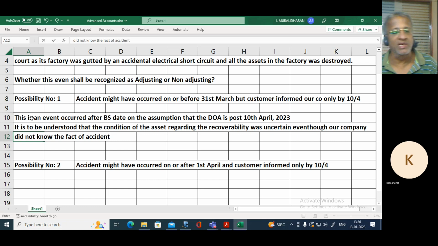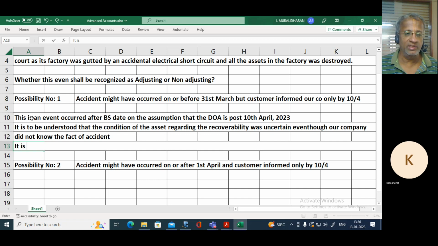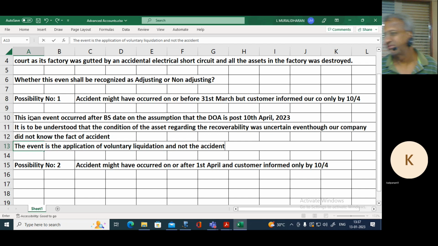So it is to be understood that the condition of the asset regarding recoverability was uncertain, even though our company did not know the fact of accident. The event is the application of voluntary liquidation and not the accident.